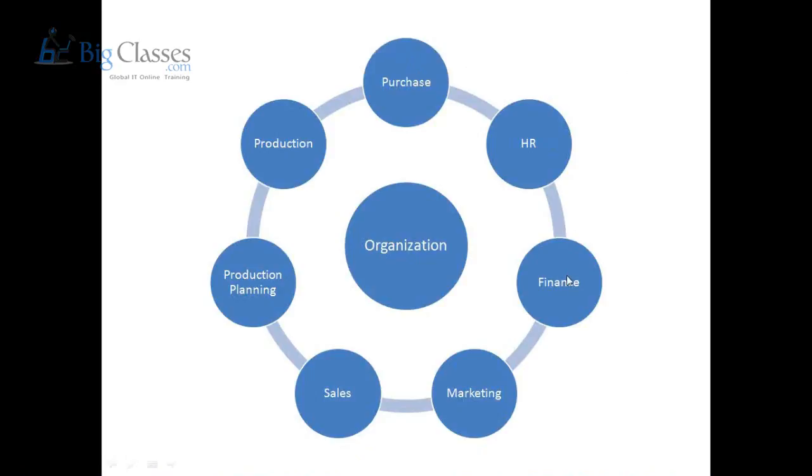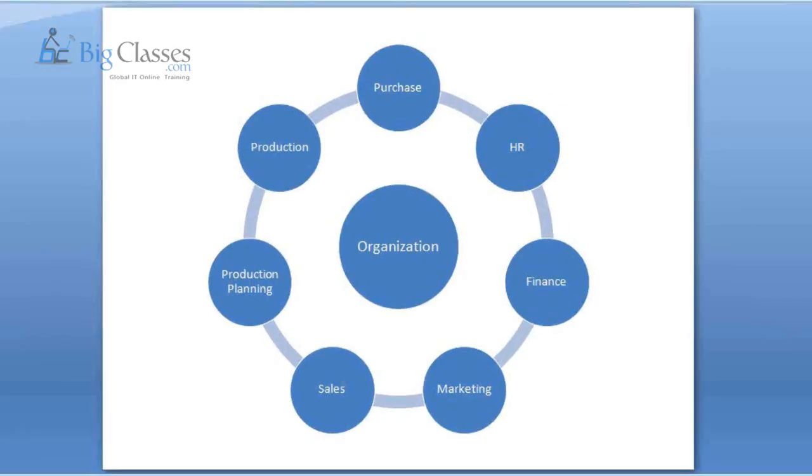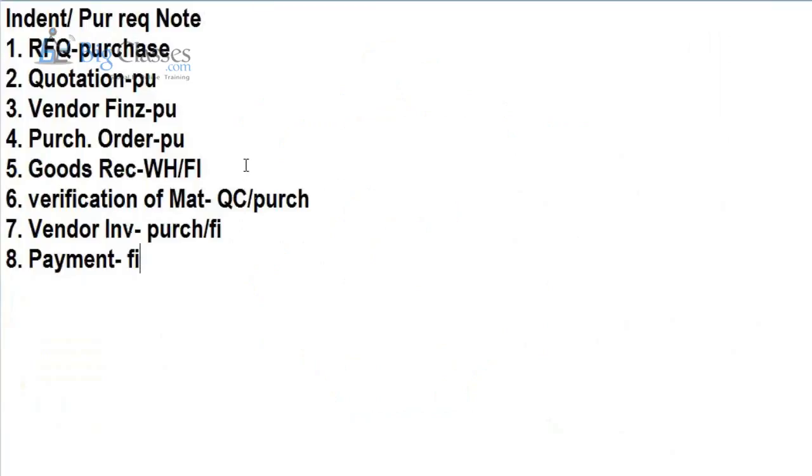And for finance, let's say we are working on Oracle. Can we link both the softwares, that means purchase and finance, XYZ to Oracle? Because at this stage, let's say goods receipt, purchase people or warehouse people will record the physical inflow of stock.